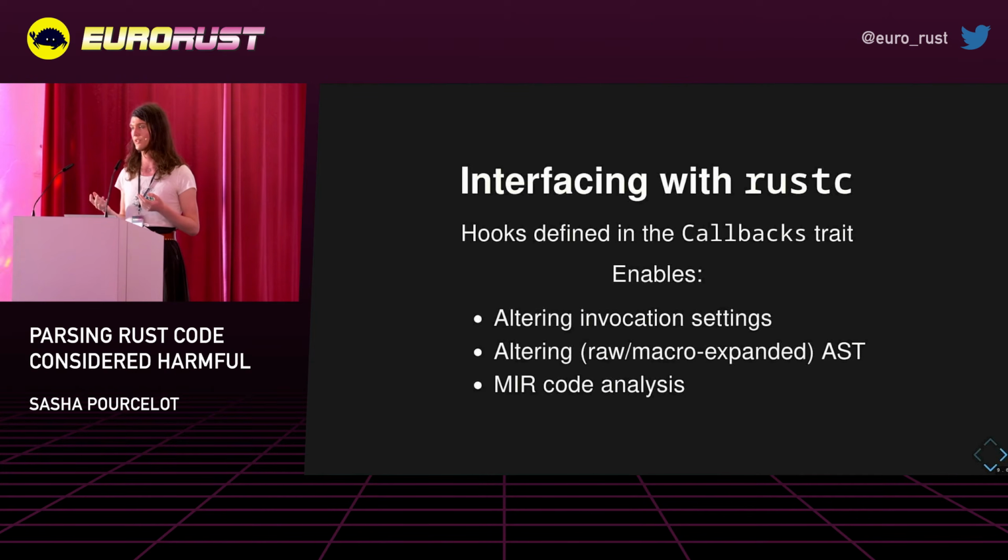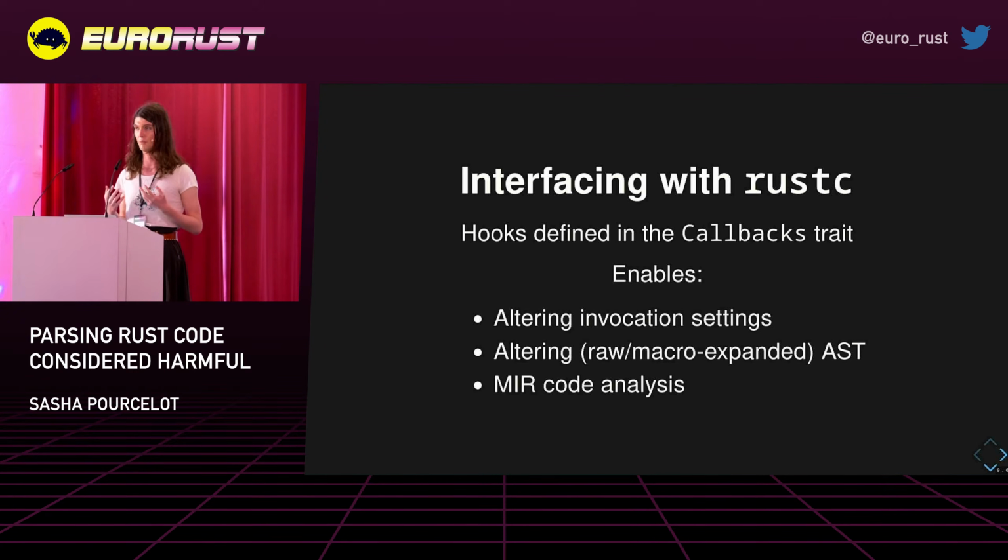Maybe you want to tweak the settings. For instance, you may want to change the name of the crate as it's seen by rustc because you want to perform internal crimes, let's say. You may also want to change the abstract syntax tree that has been parsed. I don't know who wants it, but it could prove useful later.